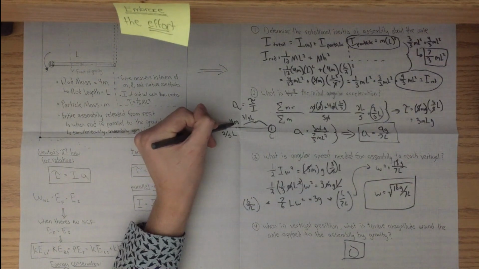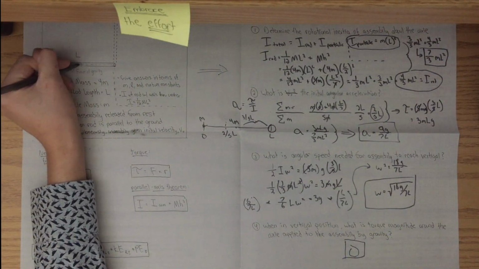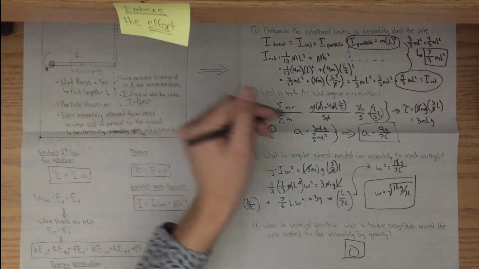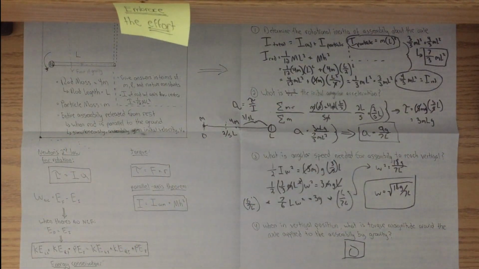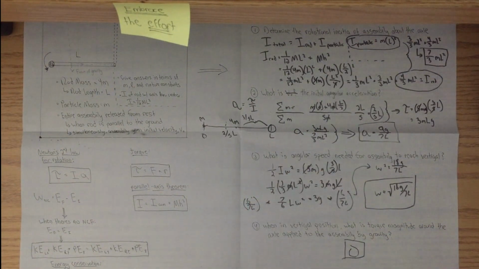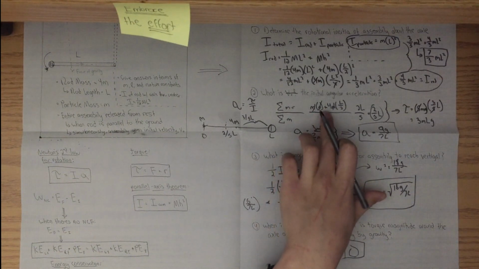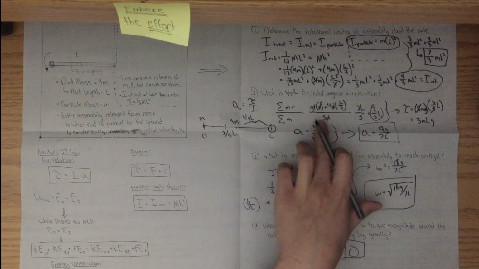Here we have 4m times L over 2, because remember, the center of mass of the rod alone is in the center of the rod since it's uniformly dense. And then the total mass, as we said earlier, is 5m. So m times 0, nothing there, plus 4m times L over 2 over 5m.